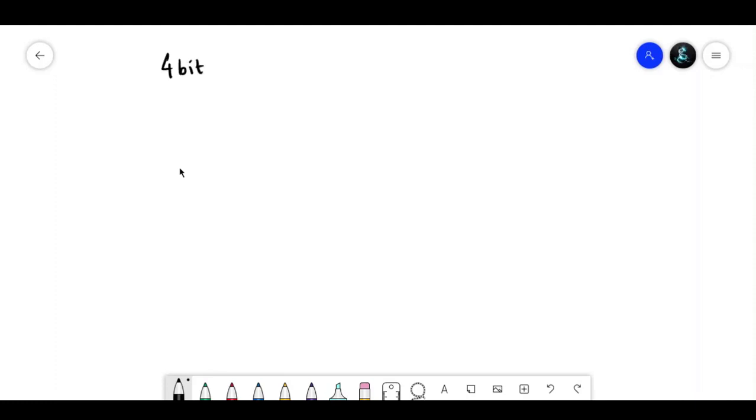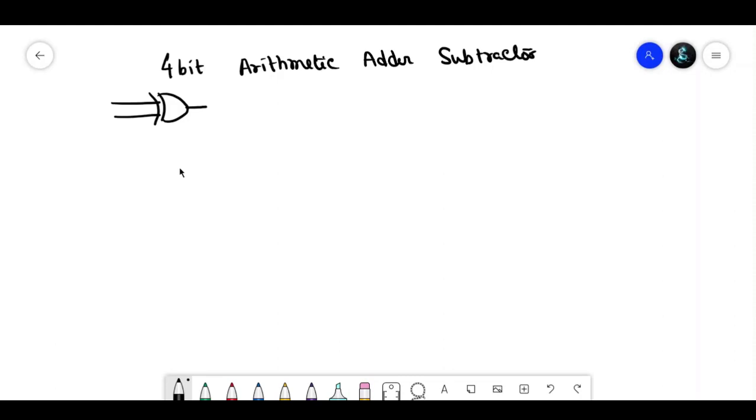4-bit arithmetic adder subtractor. So here if I draw one XOR gate and one input is 1, another input is A, what will be my output?